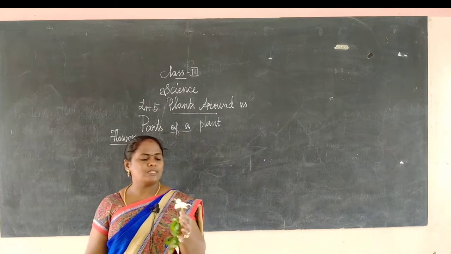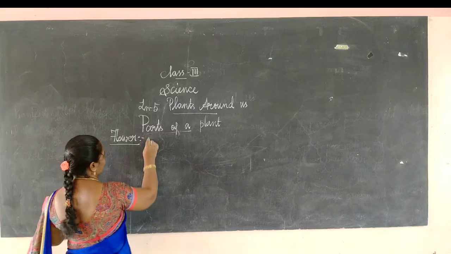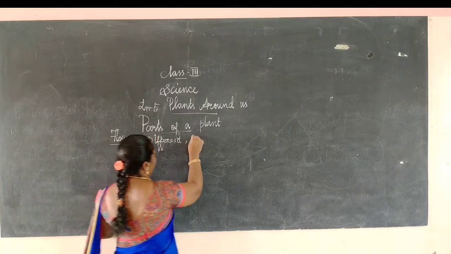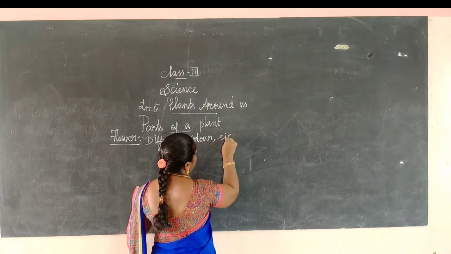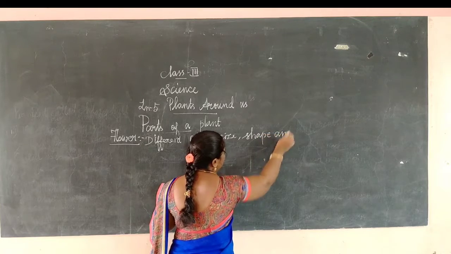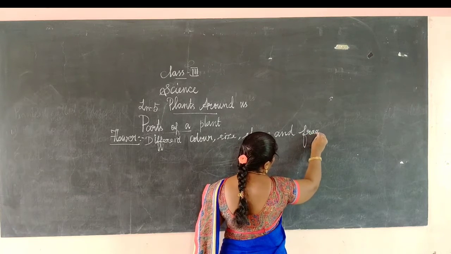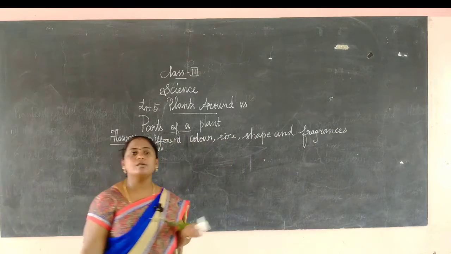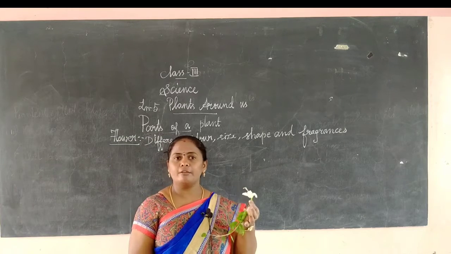The flowers on different plants have different colors, sizes, shapes, and fragrances. Fragrances means what? That is the smell. So the different flowers on different plants have different shapes, sizes, colors, and fragrances.